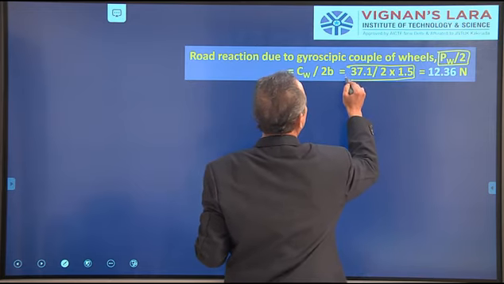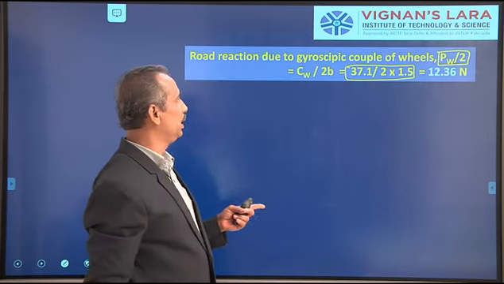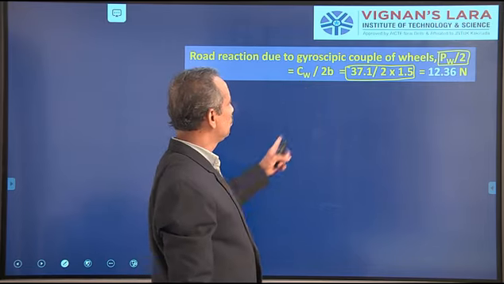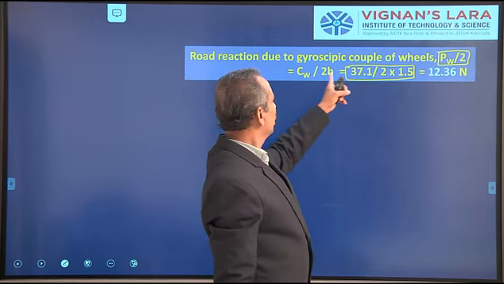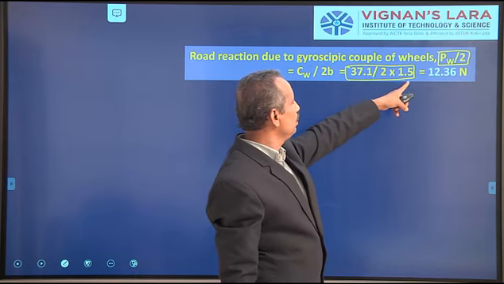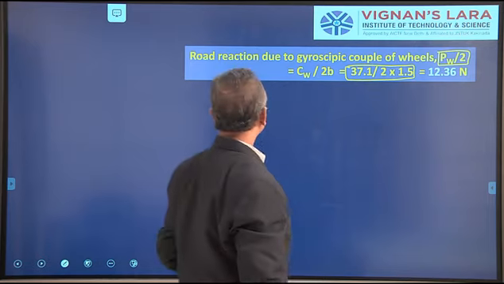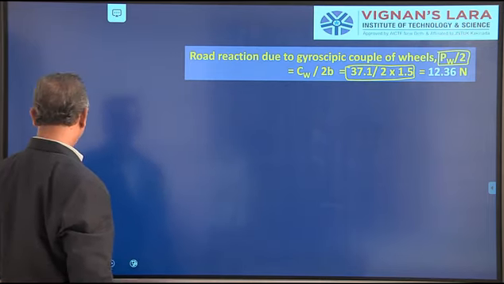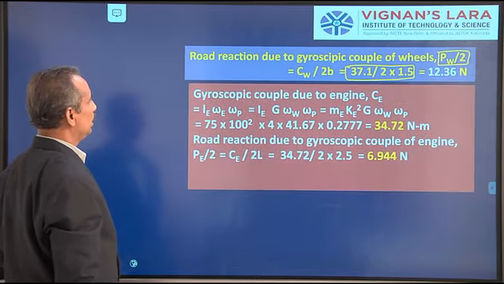By simply substituting the data available with me, that is Cw, which we just calculated as 37.1, and b given as 1.5, I get Pw by 2 as 12.36 newtons.